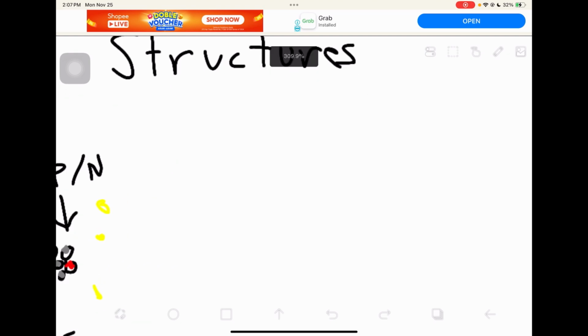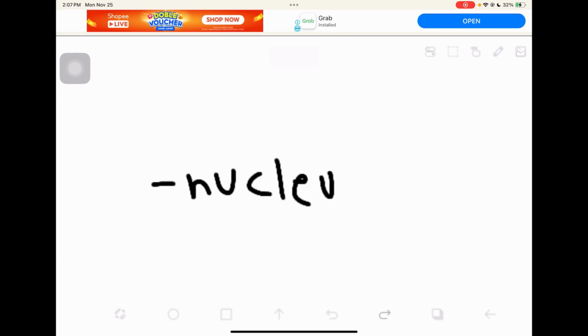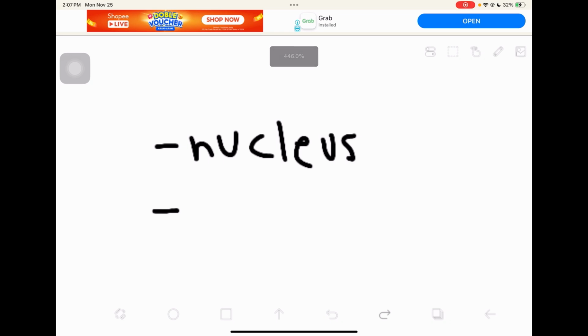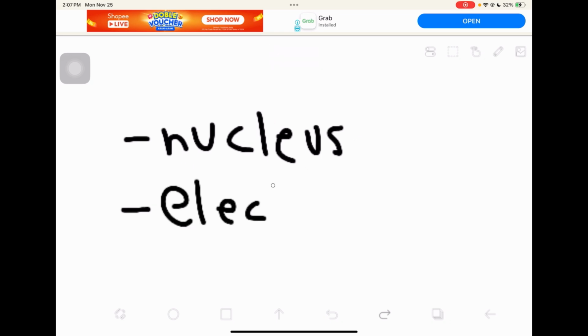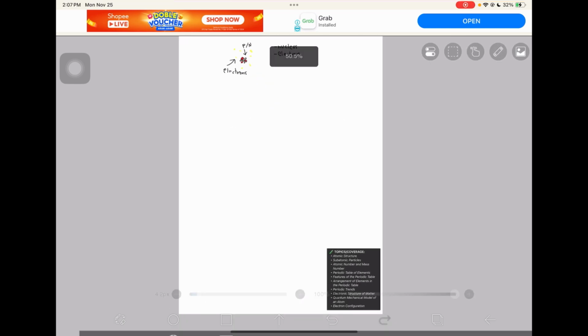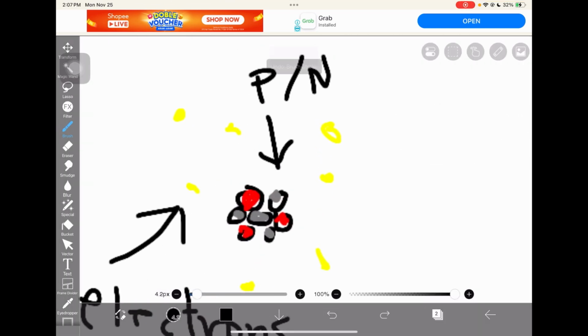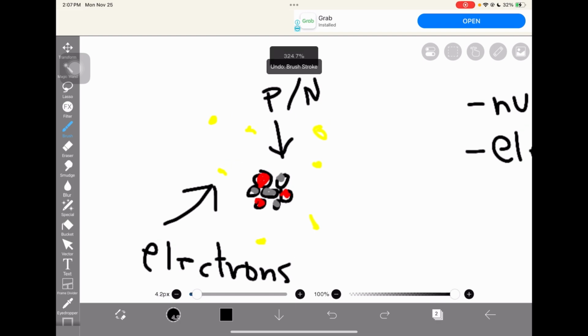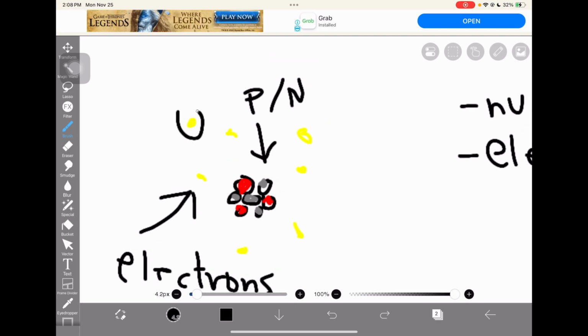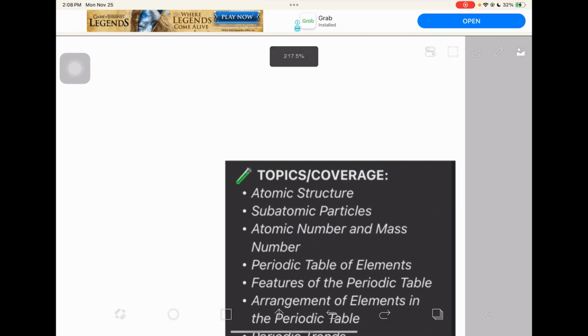So all we need to know about an atom is that it's made out of a nucleus with electrons, and that's really it. It's that simple. You just need to remember that this is the nucleus, and around it is the electrons. So that's it already.